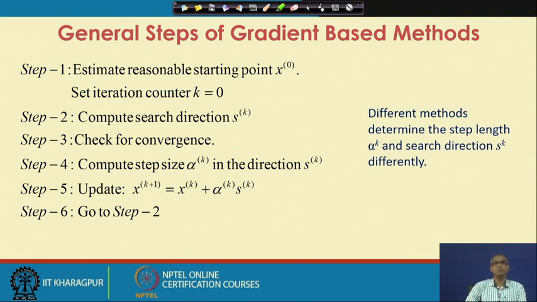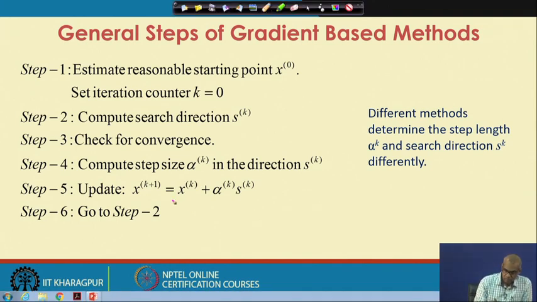That means, the improved guess for the minimum point is equal to the current estimate of the minimum point plus step size into the direction vector.